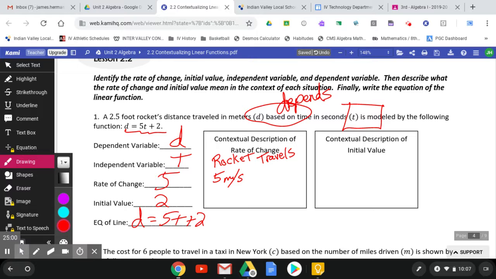How do we know that it's 5 meters per second? Well, you agree that it's 5. Okay? And what is the distance traveled in meters, so I know it's going to be 5 meters based on the time in seconds. Yeah, but how do we know it's just 1 second?